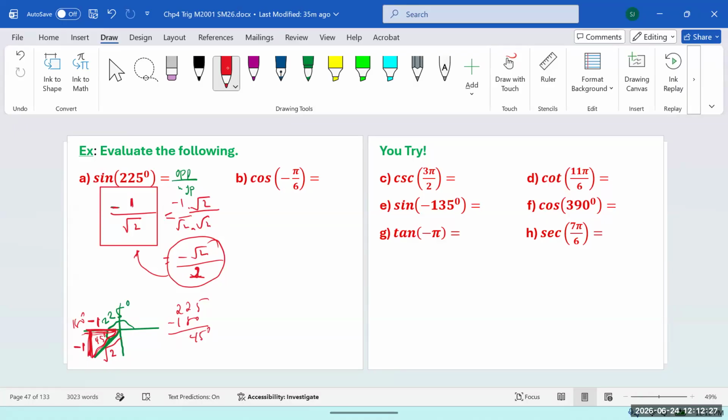Okay, now pi. We have no idea what pi over 6 is, right? So you have two choices: convert into degree and then figure that out, or use the reference angle I told you. So 1 pi over 6 is closer to how many pi over 6? 6 pi over 6.